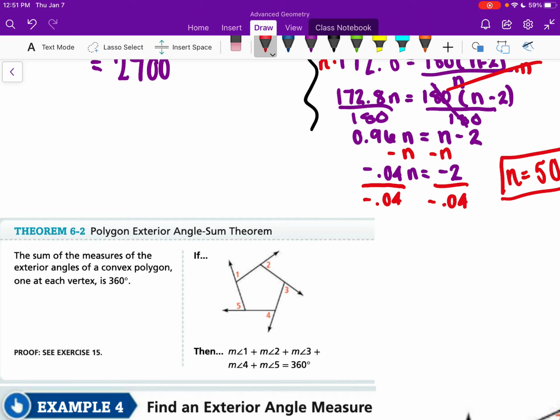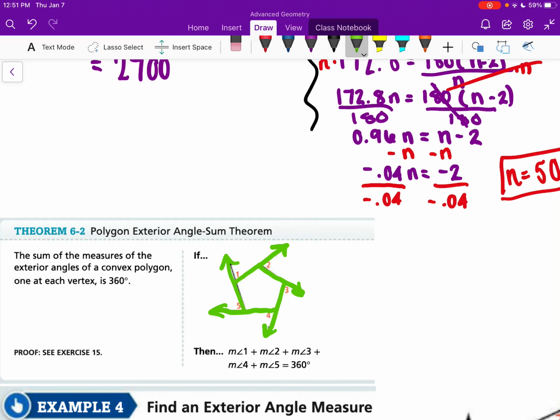This theorem talks about how the sum of the measures of the exterior angles from any convex polygon is 360 degrees. So it means that no matter how many sides this polygon has, if you were to continue a line segment out from each segment, just like how this theorem is showing you in its depiction, if the line segments were to keep going, all of those exterior angles that are labeled here, 1, 2, 3, 4, and 5, they add up to be 360 degrees.